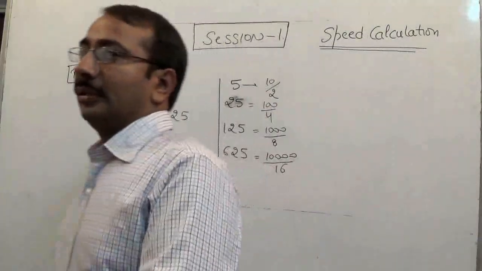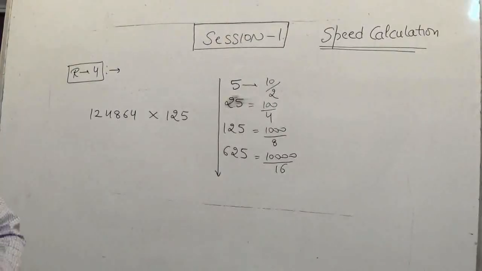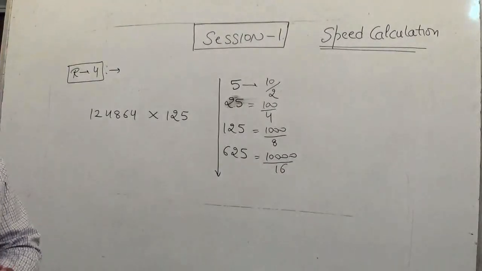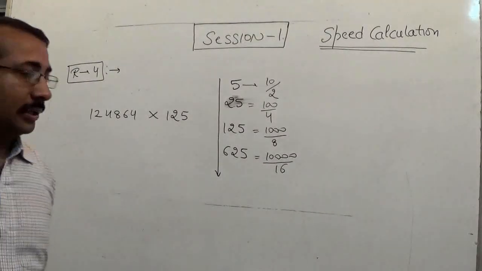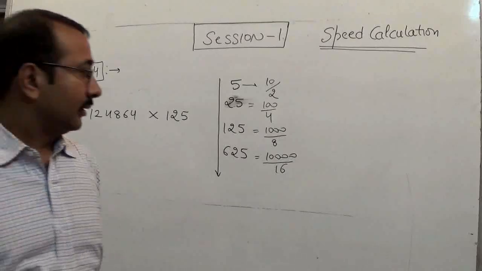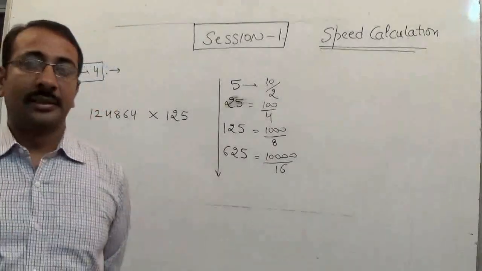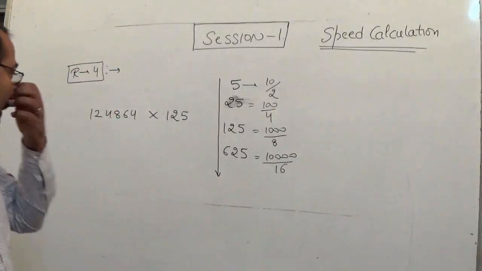I think you know it very well. 5 can be taken as 10 by 2, 25 as 100 by 4, 125 as 1000 by 8 and 625 as 10,000 by 16.